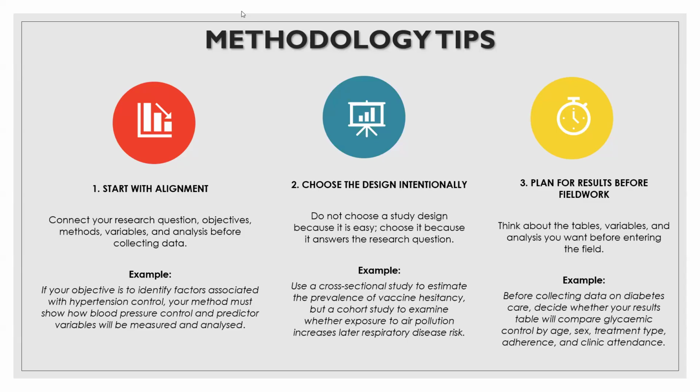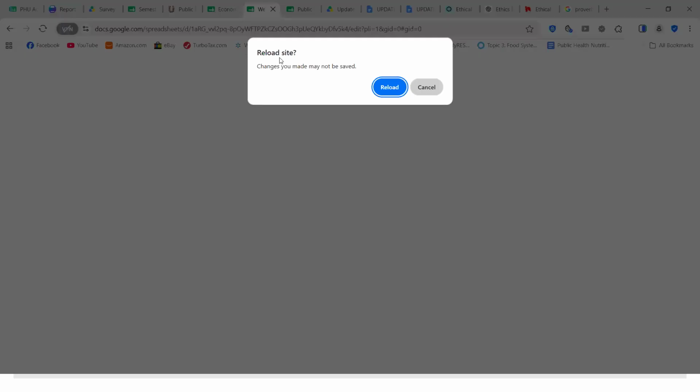You don't even need to crack your head. As long as it's a prevalence study, it's a cross-sectional study. So you don't decide, oh, I want to do an experimental study because experimental studies have a higher level of evidence, but your study aim does not fit into an experimental study design. So you choose.